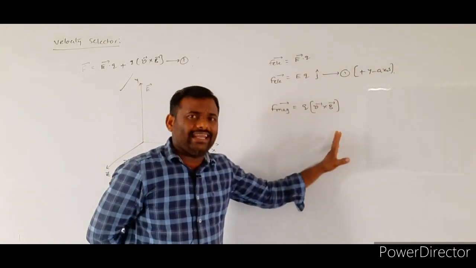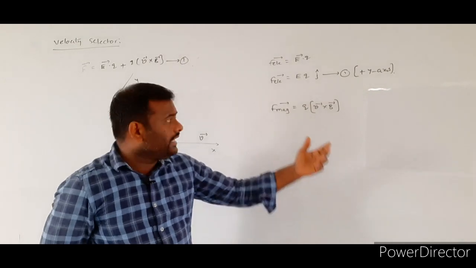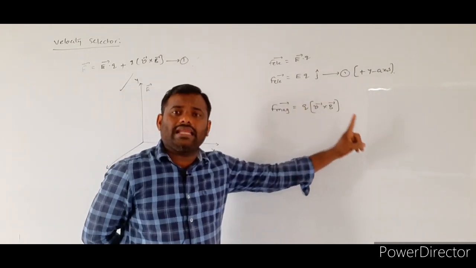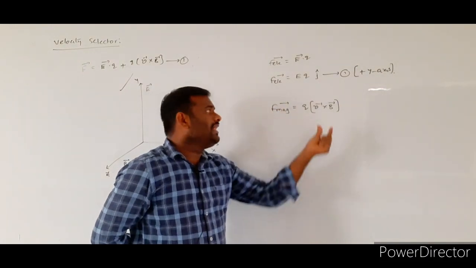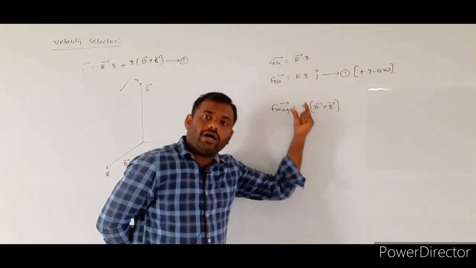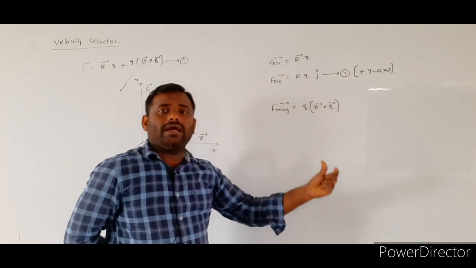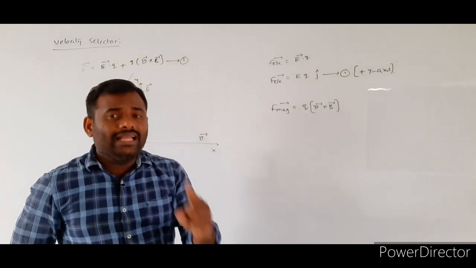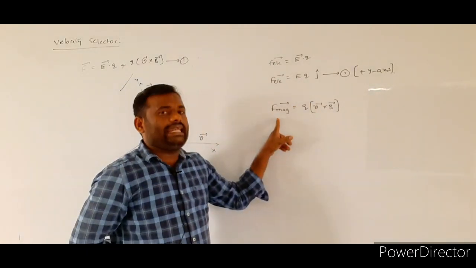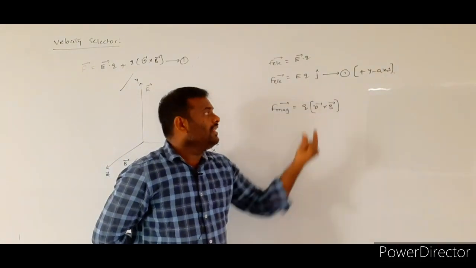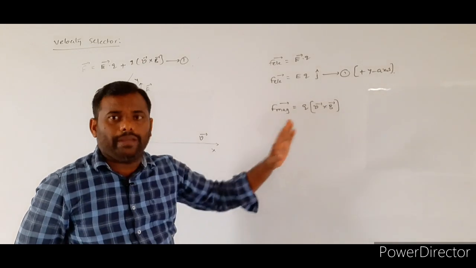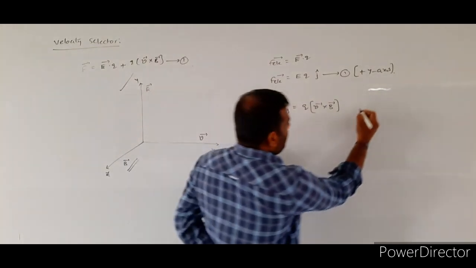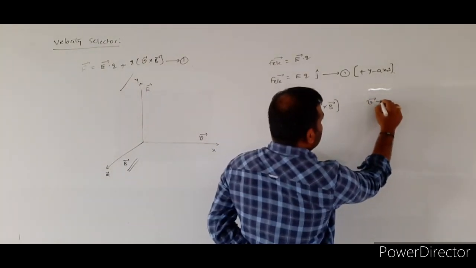Here Q is a scalar and does not have any particular direction. So the direction of F magnetic depends upon the direction of the cross product of V bar and B bar.